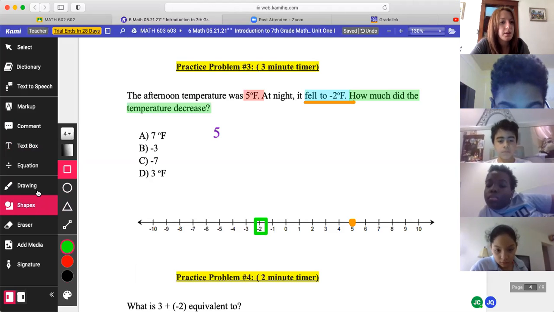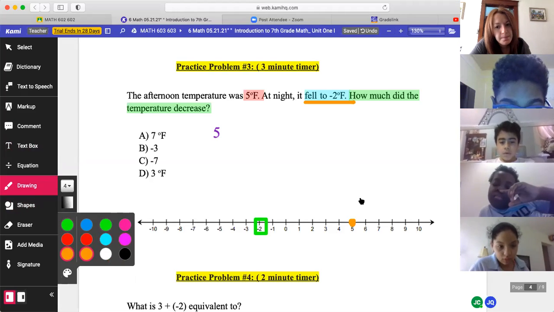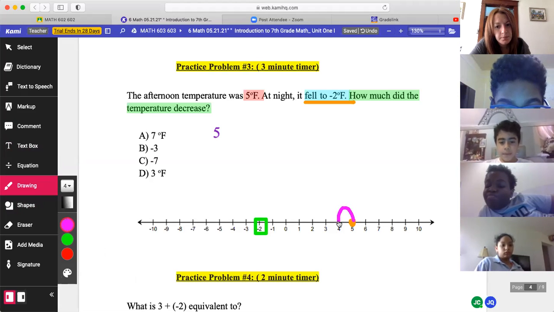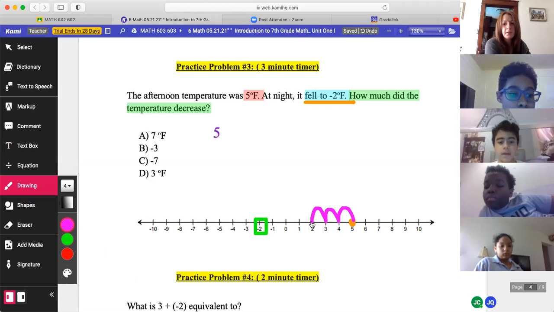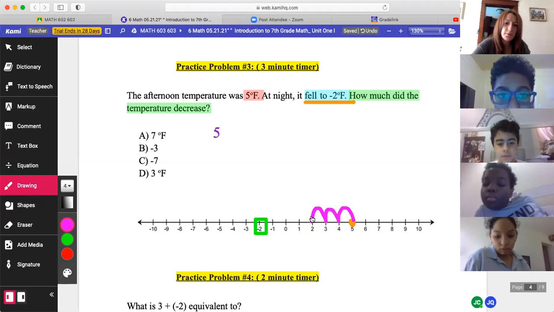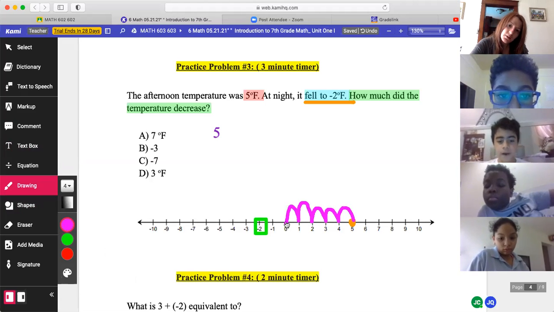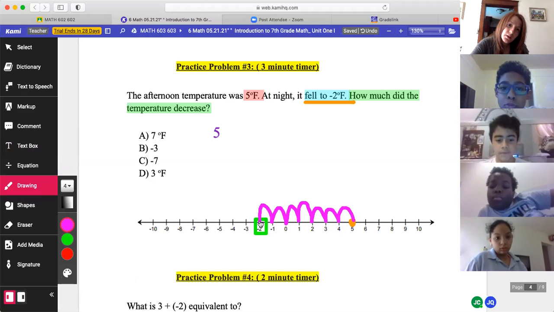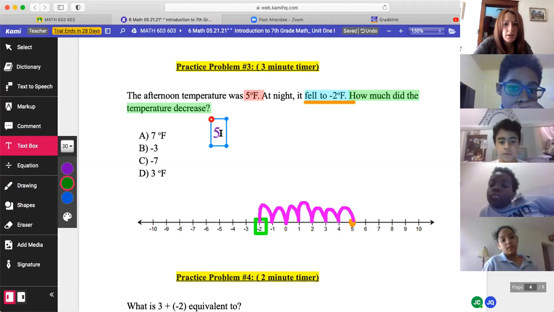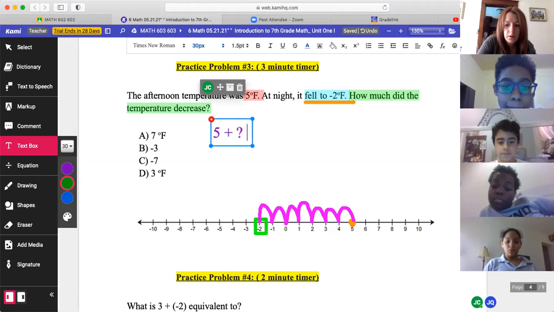What do we do, bud? I think I'm going to go back to the left. 3. Yep, keep going. What comes next? 4, 5, 6, 7. So our number is 7. Good.